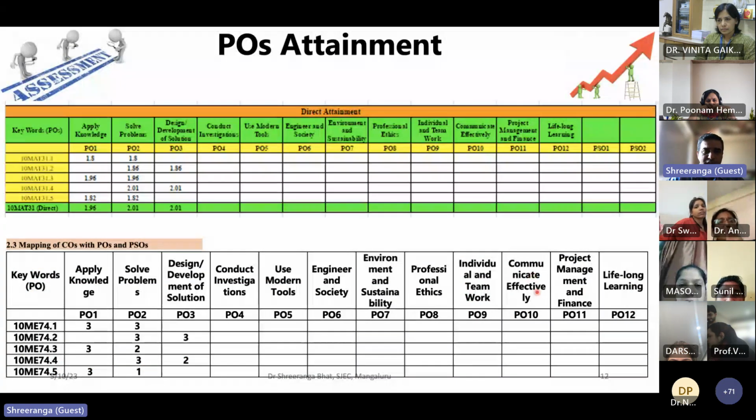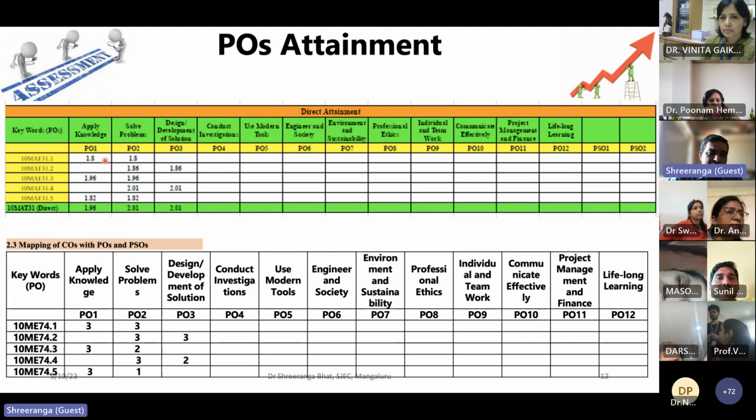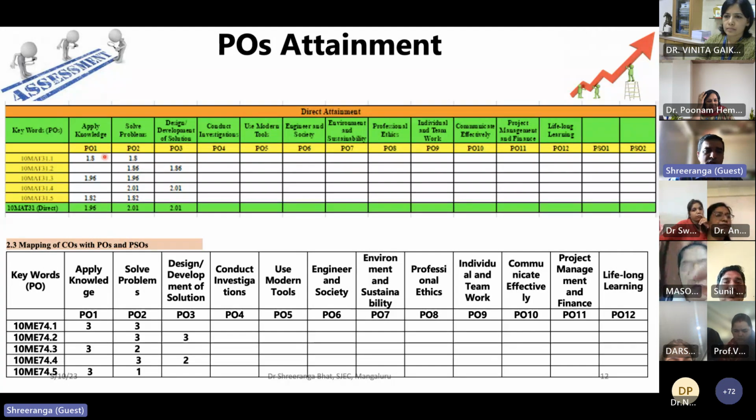Now you can see here the direct attainment table. I'll keep all the things aside. Now I'll plug in the values. Now 1.8, these are the two values which I want to put across. Suppose it has been mapped at this point, let us say I have given a value over here as 3, or 2 somewhere over here. This is simply mapping. In that mapping spot, I am going to write whatever value I have got.